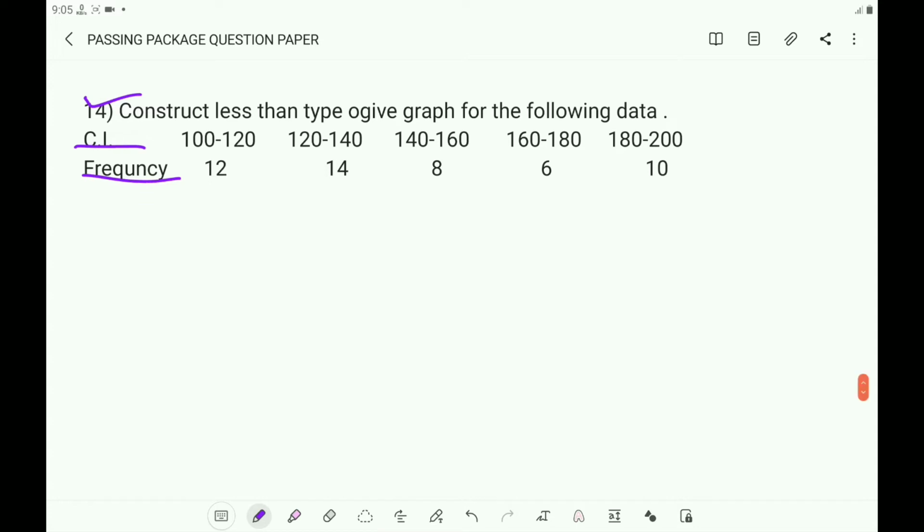So you take Ci. First, less than upper limit. What is that upper limit? 120 is there. So you write 120. Next, less than upper limit 140. Next, less than 160.